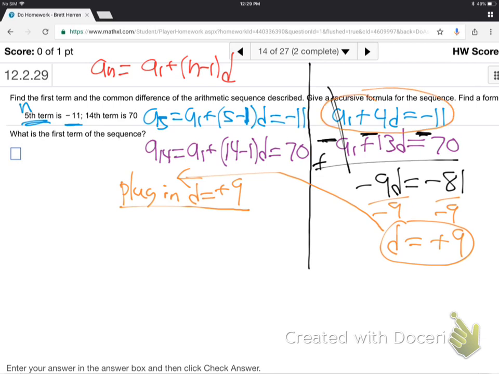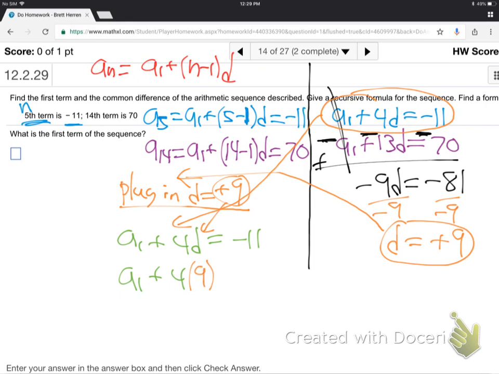I would just grab the first formula. And we get A1 plus 36 is minus 11.